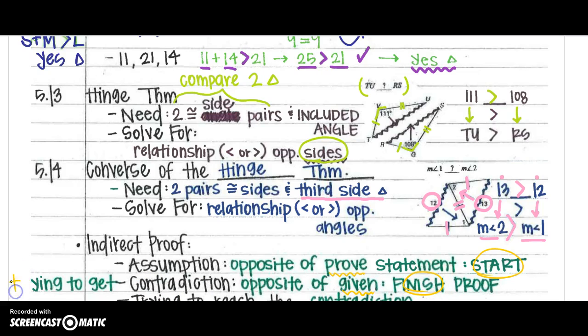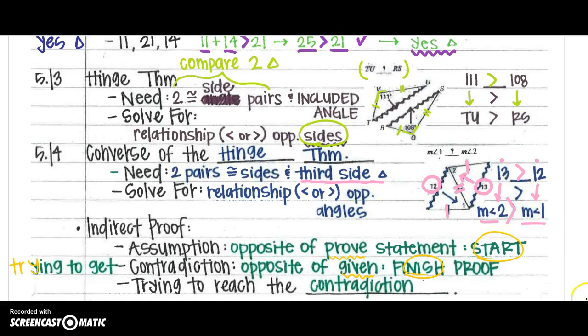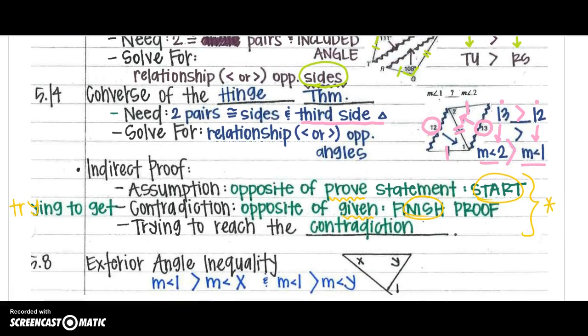This is what I am trying to get to. We are trying to reach our contradiction. So I would go back over some of those indirect proofs and look to see what you might need to practice more of or review or kind of find those patterns.